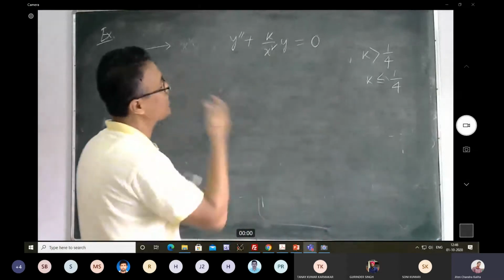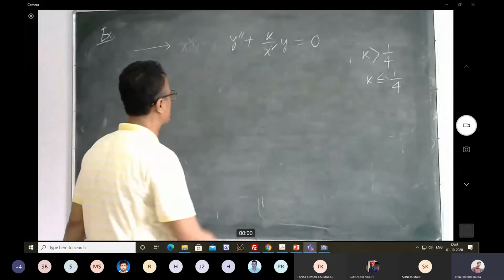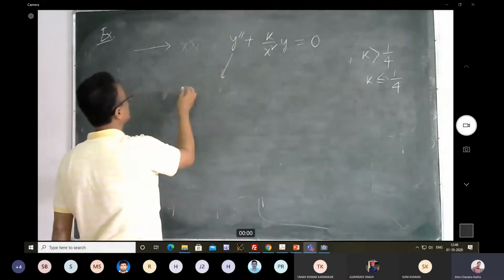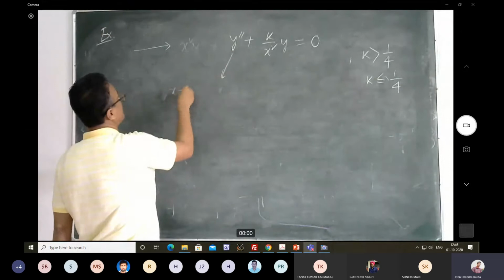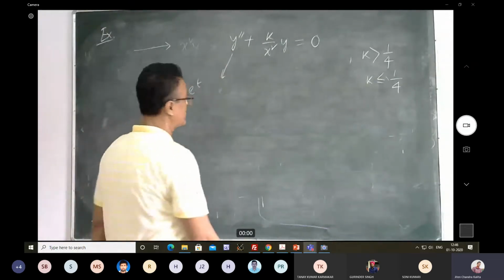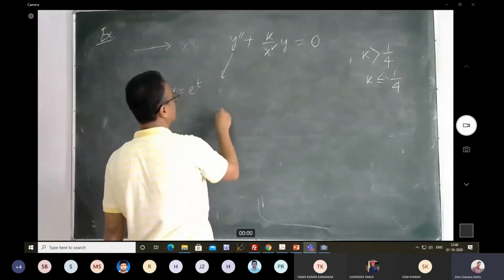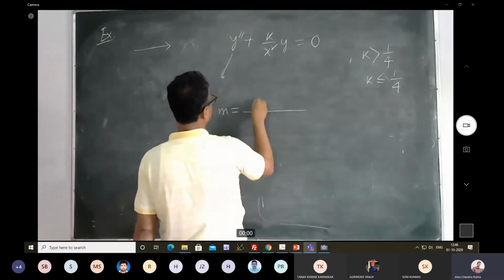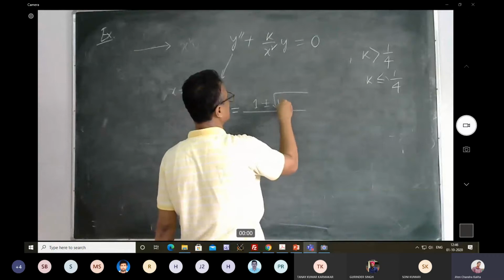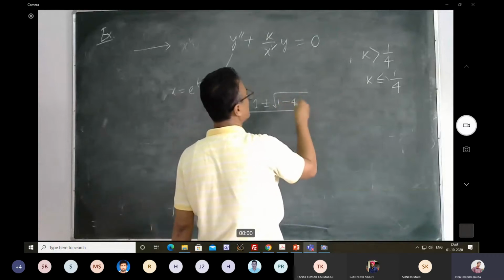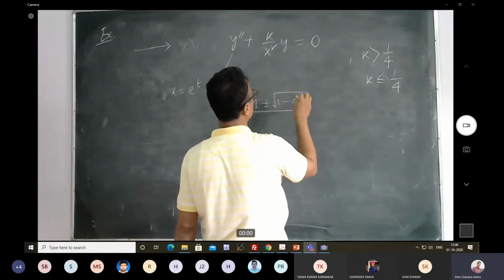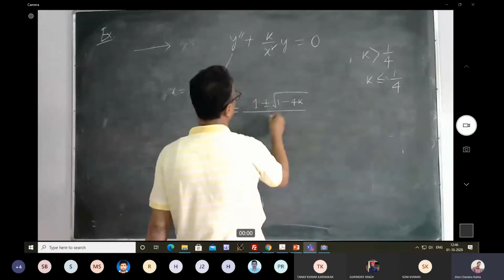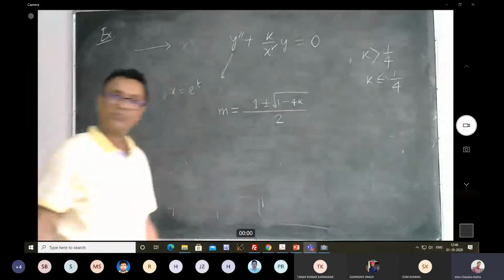See, this you can easily do because yesterday I reached a conclusion that if I want to solve this equation through the transformation x equal to e to the power t, eventually it boils down to finding the roots of the auxiliary equation. I think it was (1 plus minus square root of 1 minus 4k) by 2, something like this.